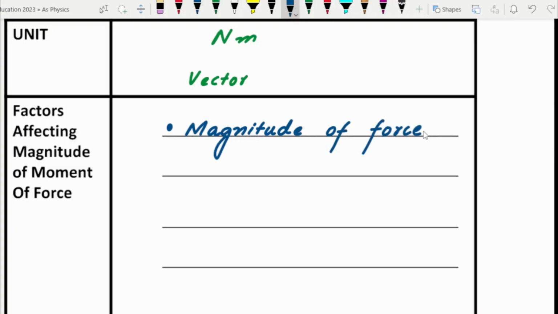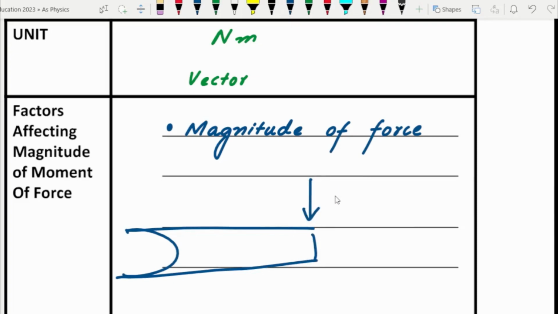If you keep everything else constant and you increase the magnitude of force, then the moment of force would increase. Just like you have a spanner, now you increase the force from 10 to 20 newtons. Everything else is constant. Then the overall moment of force would increase proportionately.